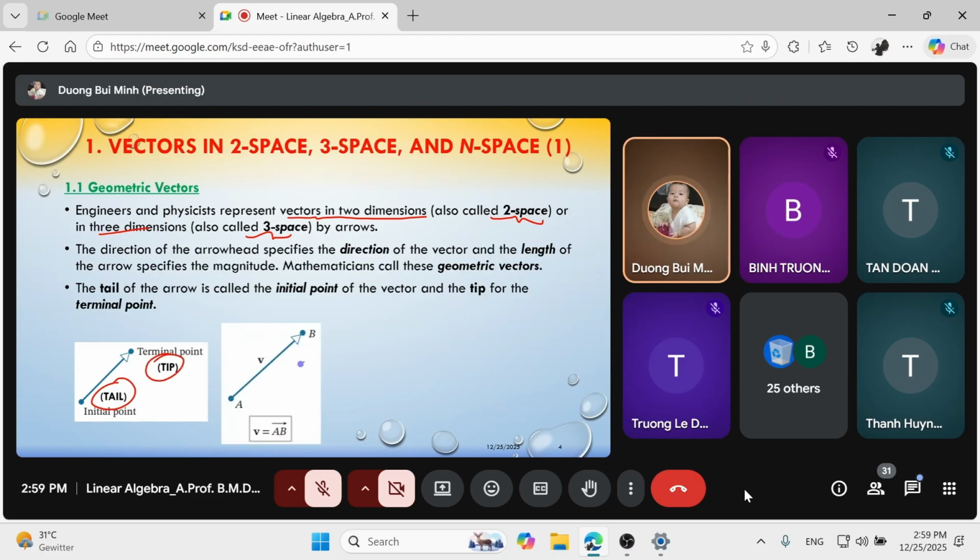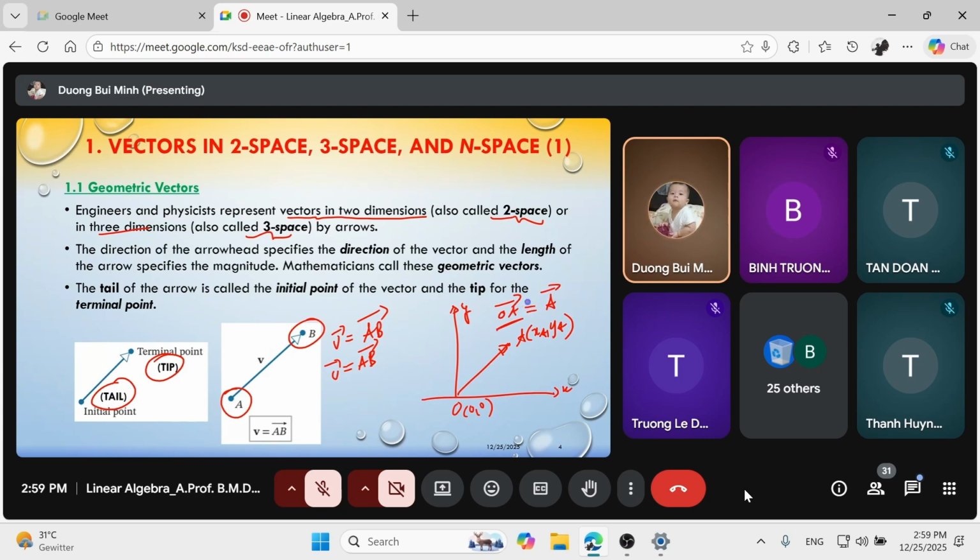For example, just reviewing, we have vector v, like vector AB. This is the initial point, this is the terminal point or final point. If we have y and x, here we have point A, and we get vector OA, because O is (0,0) and A is (xa, ya).